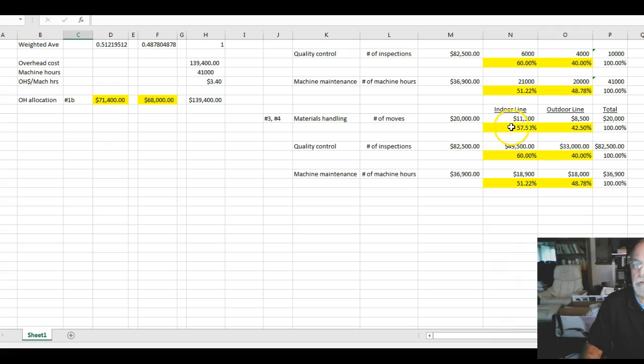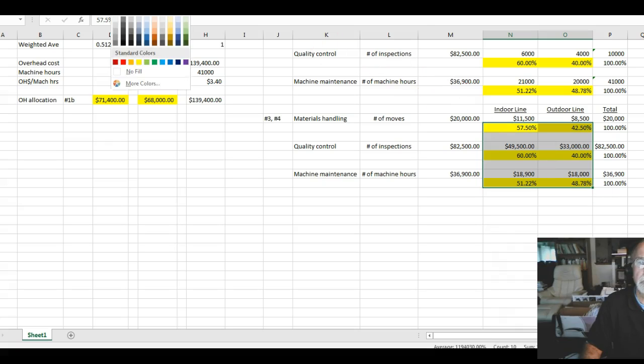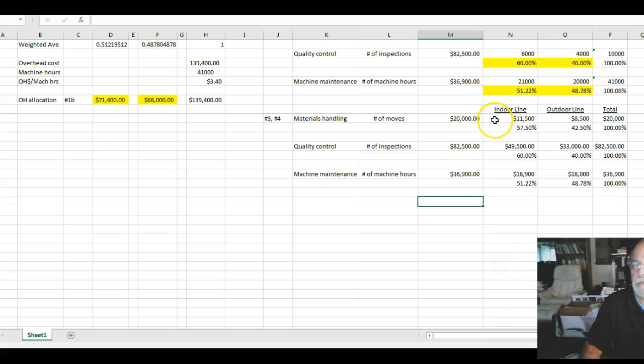And then what I'm going to do here is eliminate the color on the percentages, since numbers 3 and 4 we're showing the cost allocation.